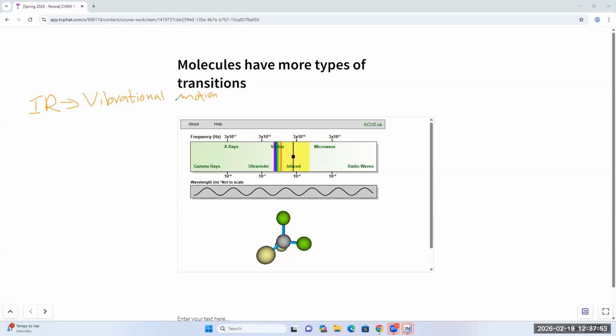Now that's vibrations. What if I go down further to microwave? What do you expect? Ella? It's going to be rotational. Now, this is the same thing that is happening in your microwave ovens as well, by the way. When you are exposing the molecules to microwave, it needs to hit the molecule.